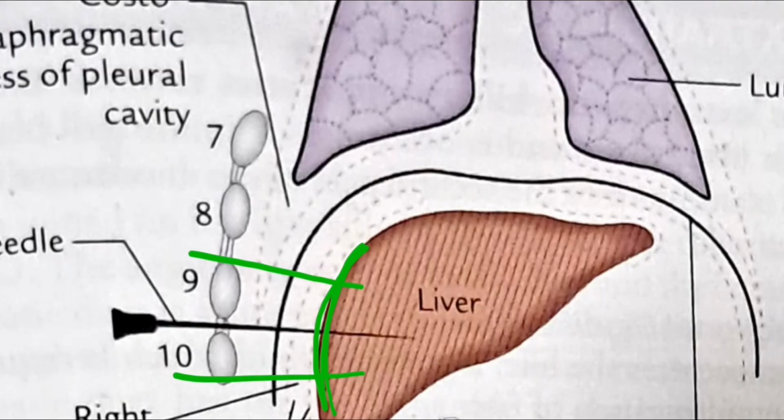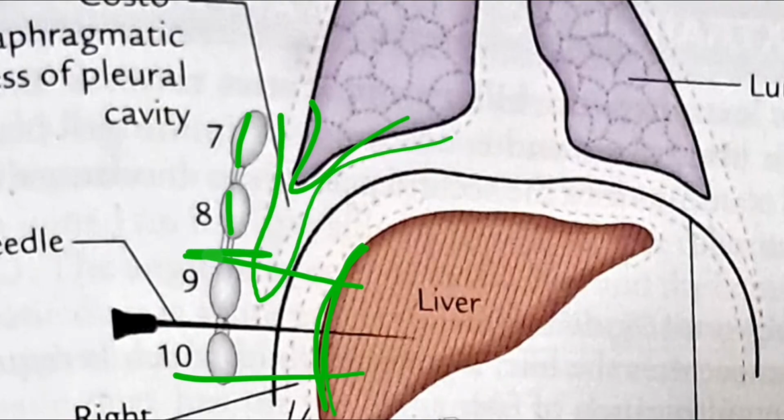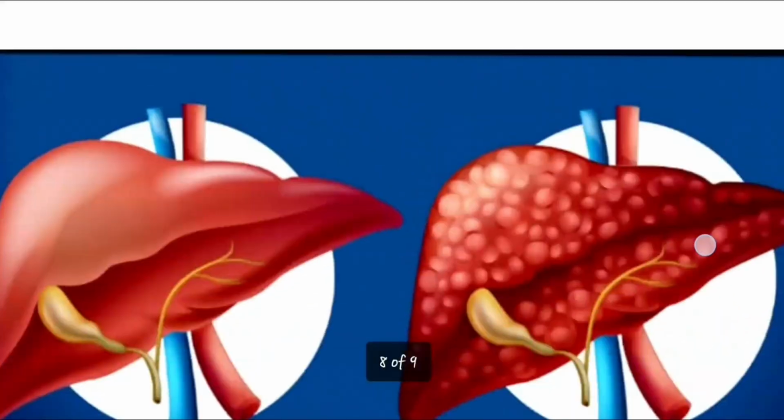On the right lateral side, the seventh and eighth ribs are related to both the lung and the pleural cavity. In the ninth and tenth, you can see it is devoid of both the pleural cavity and the lung. So these are the right lateral relations of the liver.